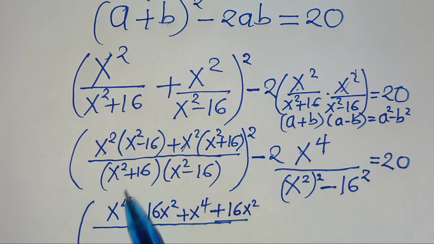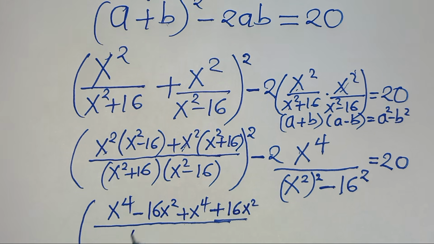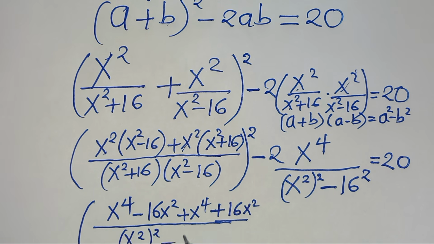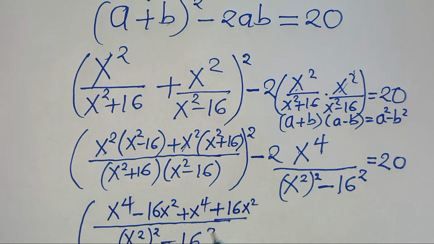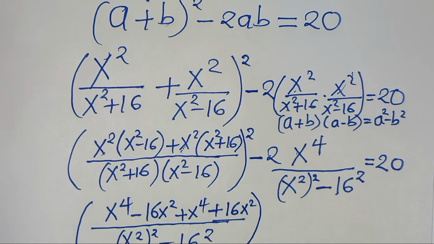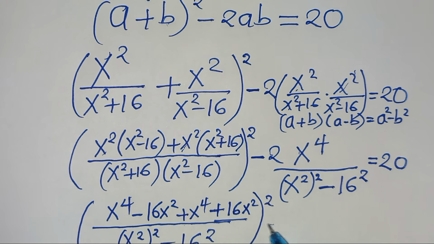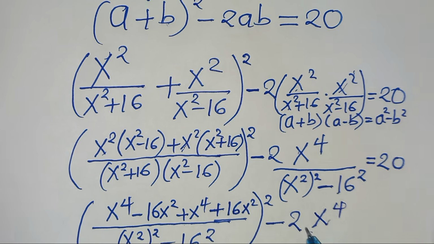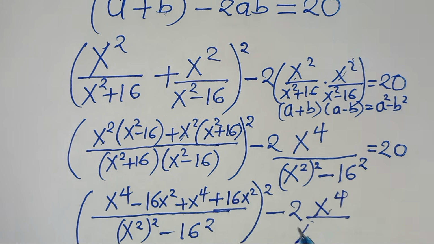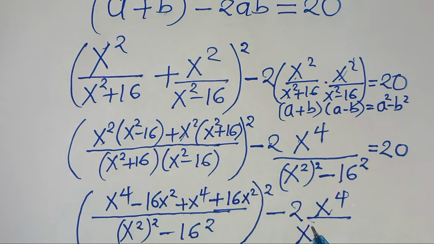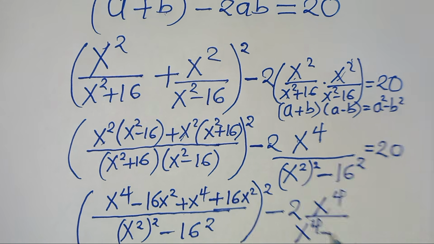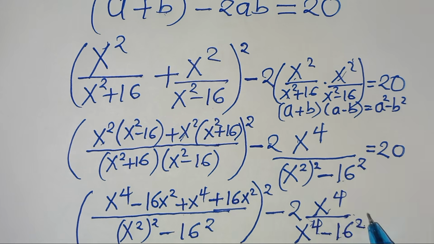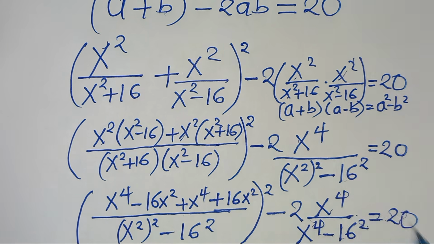This is divided by x to the power of 2 raised to the power of 2 minus 16 raised to the power of 2, everything here raised to the power of 2, minus 2 multiplied by x to the power of 4 divided by x to the power of 4 minus 16 raised to the power of 2. This is equal to 20.